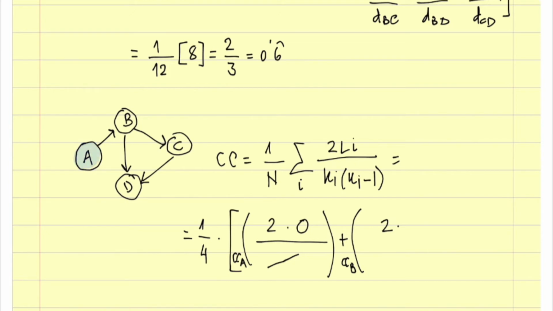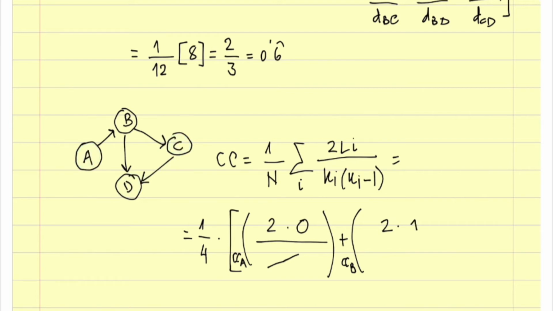A, C, and D, right? So how many connections do we have between these 3 nodes? 1, right? We only have 1 connection between the nodes A, C, and D.